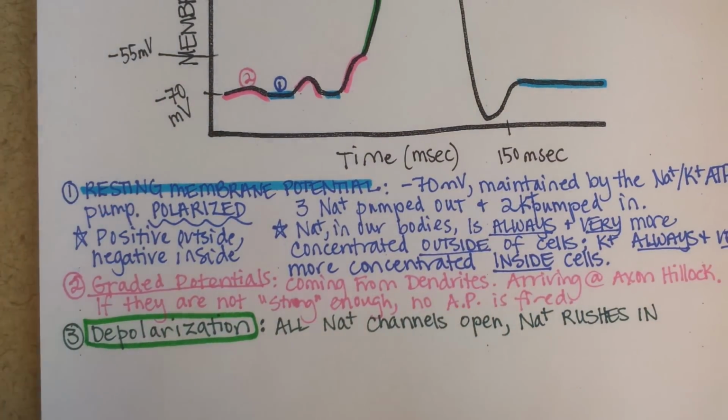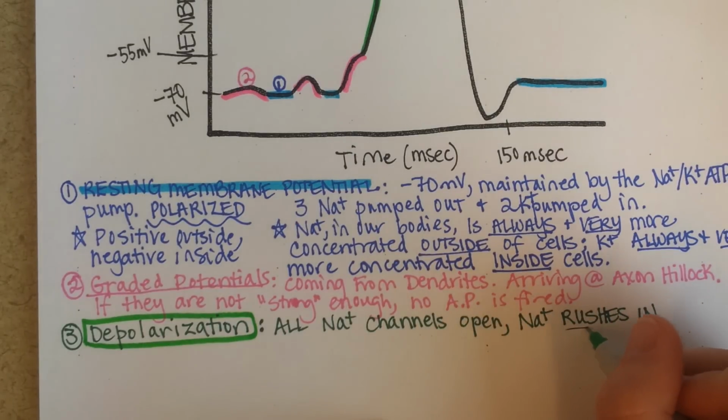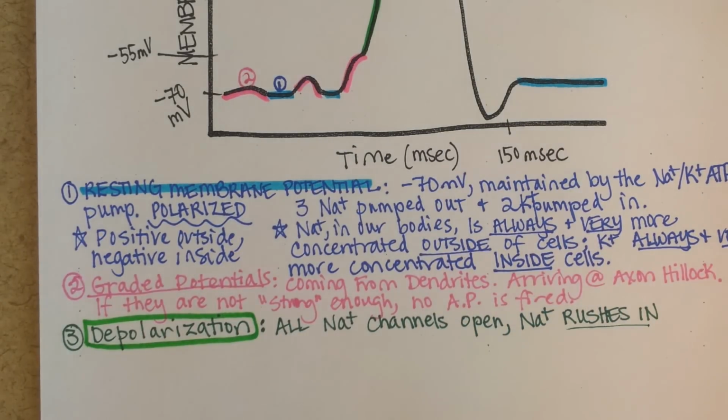Okay, so what's happening at this point is that when threshold is reached, like I said, it's like a button or something gets pushed in the cell, and at this point, now all the sodium channels say, what the heck, we're all opening, threshold was reached. So all the sodium channels open and sodium rushes in. Why is this? Why is it the sodium enters? Why doesn't it leave?